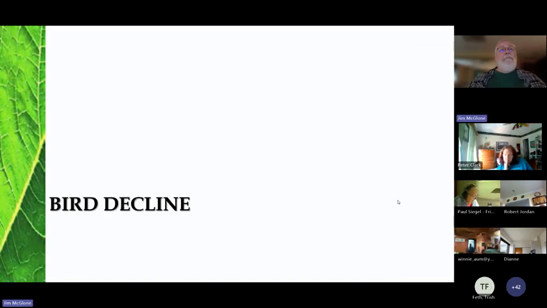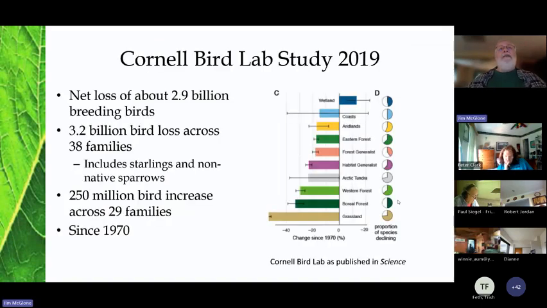Bird decline. This is based on a Cornell Bird Lab study. Cornell Bird Lab is one of the premier ornithological institutions in the world. In 2019, they estimated we had lost over the last 50 years almost 3 billion breeding birds.